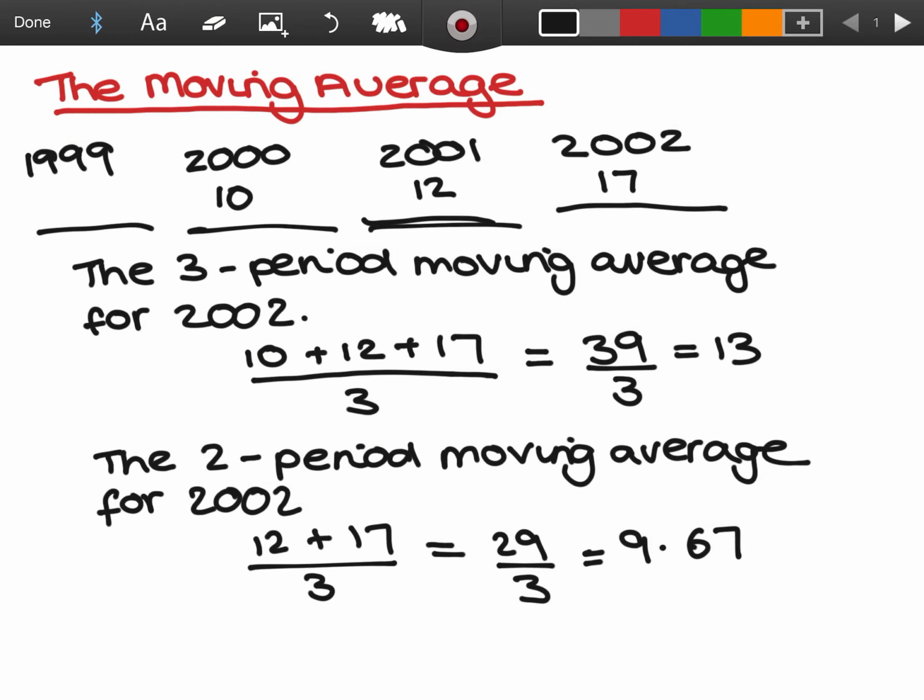This particular team may have done really badly 10 years prior to 2002. So a 10-period moving average is probably going to be vastly different from the 17 games won in 2002. Whereas if I'm only looking over 2 or 3 years, it's much more likely to be closer to the value for that actual year than if I looked over a long period of time.